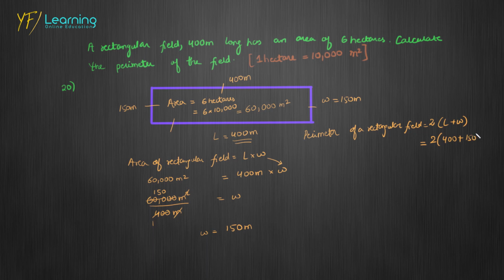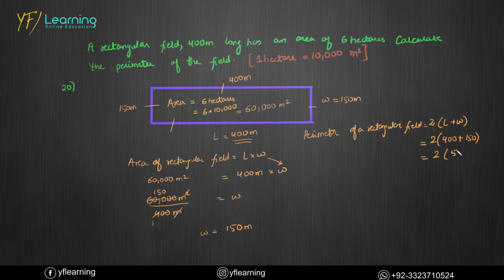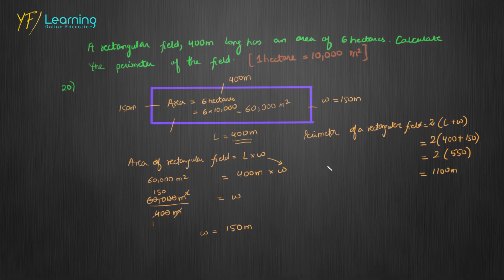So 2 times L plus W gives you 2 times 400 plus width 150. 400 plus 150 is 550. 2 times 550 is 1100 meter. So the perimeter of the rectangular field is 1100 meter.